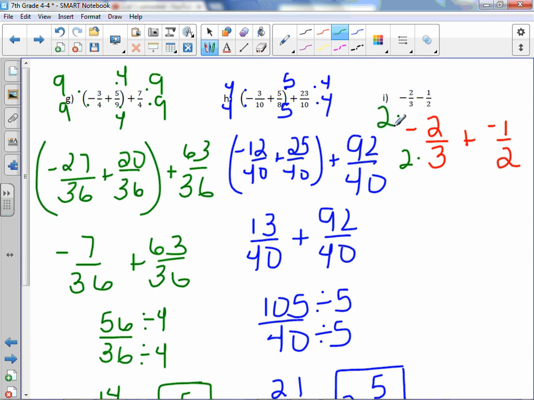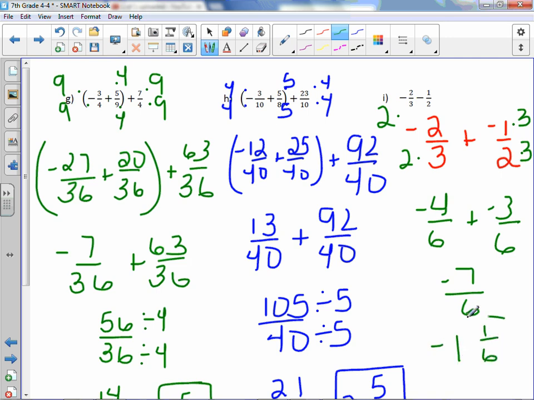I'll multiply this fraction by 2 and this fraction by 3. We get negative 4 over 6 plus negative 3 over 6. Negative 4 and negative 3 make negative 7. And this would be negative 1 and 1/6.